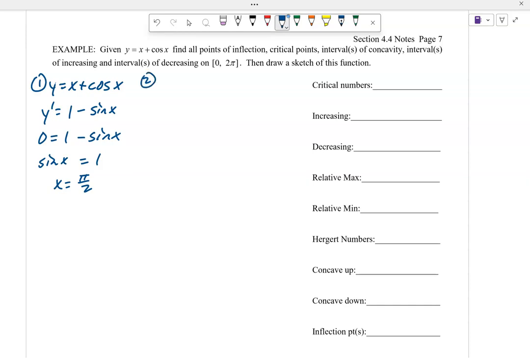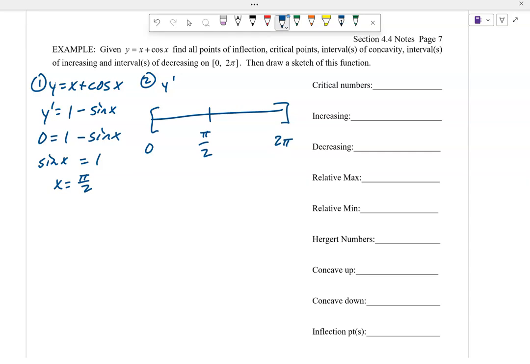So our first derivative test, now again, we're only looking between 0 and 2 pi, right? Because I know, for example, the sine of 5 pi over 2 is also 1, right? So that would be a critical point, but I'm stuck between 0 and 2 pi. So let's put that critical point on there. Pi halves.